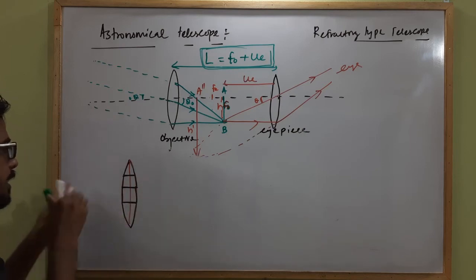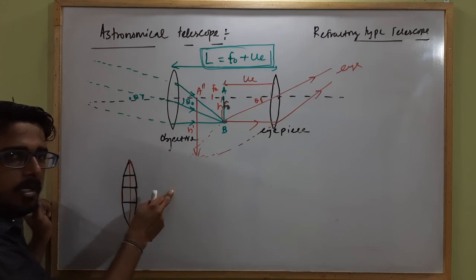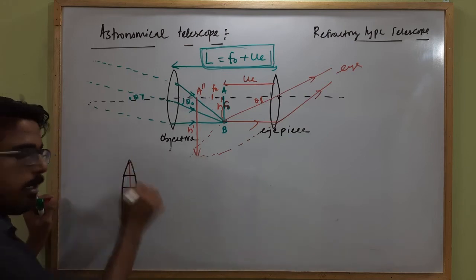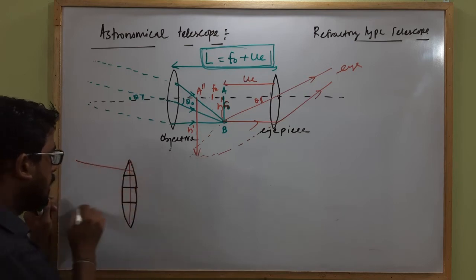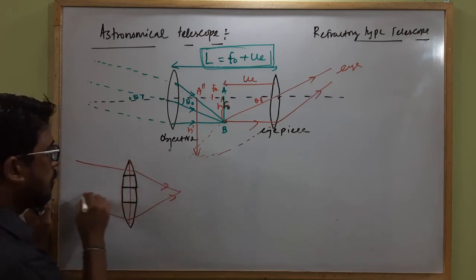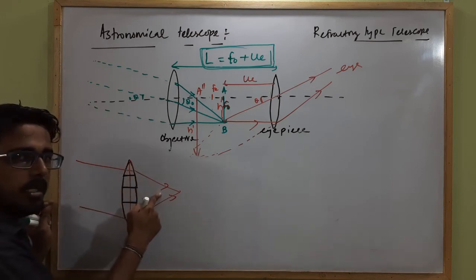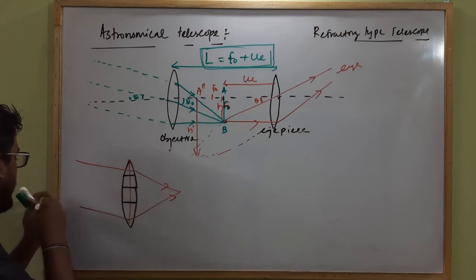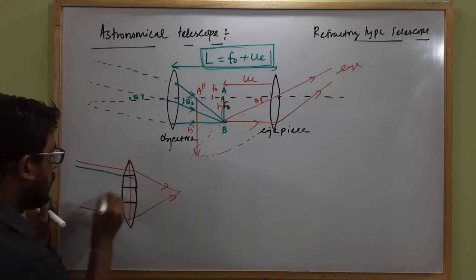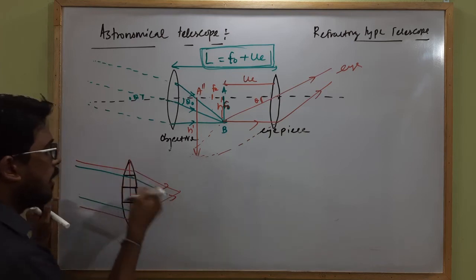So red has some focal length, green has some different focal length. So when the white light passes through a large aperture lens, different color lights will converge at different points. Red will converge at a certain point because this material has a certain focal length for the red light. Similarly, green light will converge at a different point because the material behaves in such a way that green light has a different focal length.